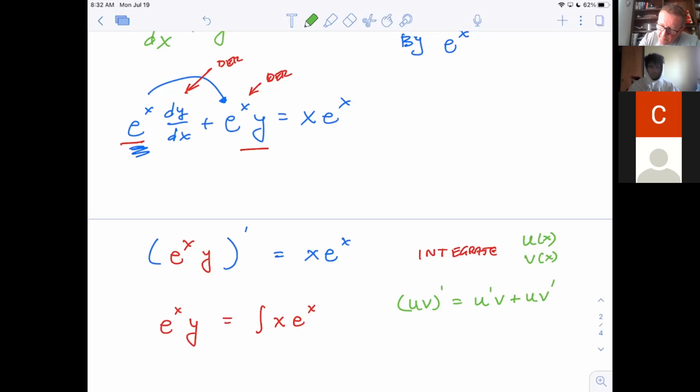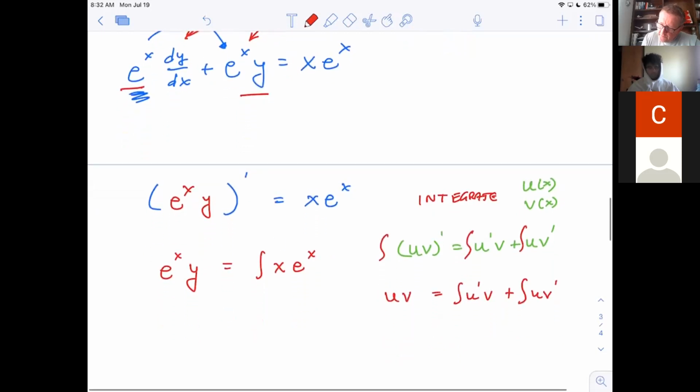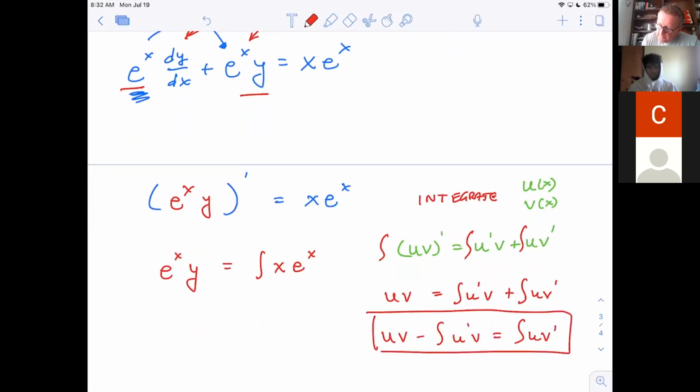Now if you come back and say, I am going to integrate both sides, then on the left side, that just gets rid of your derivative. On the right side, nothing happens at all. I'm just going to write it down. And if I subtract one of them to the other side, that is integration by parts.